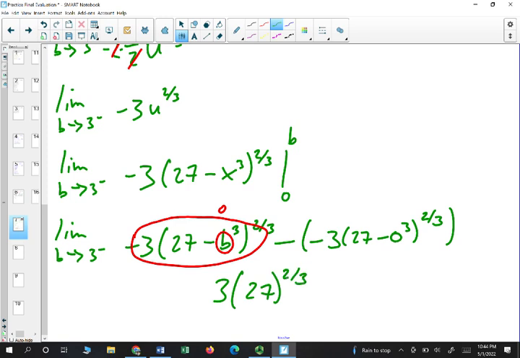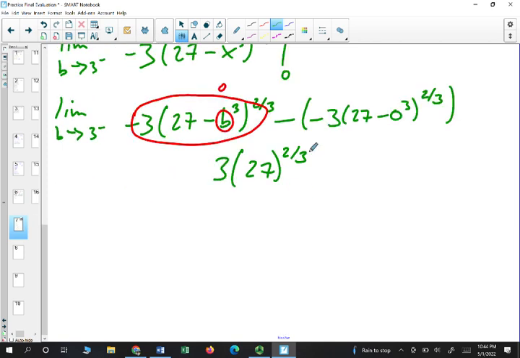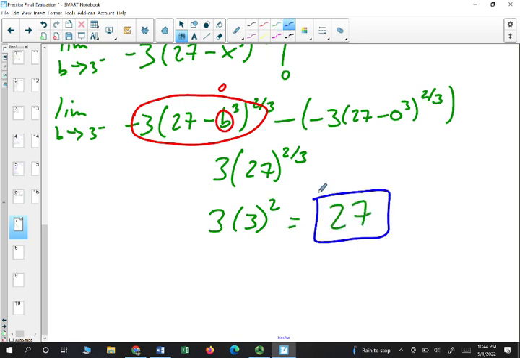So remember, when we do these fractional exponents, you can take the denominator and do the root first instead of squaring. Because if you do the squaring first, then you have to cube root a larger number. So instead of doing that, take the cube root first and then square it. Okay, so cube root of 27 is 3. And then we're going to square the 3 to get 9. 9 times 3. And we end up with 27. And that's it.